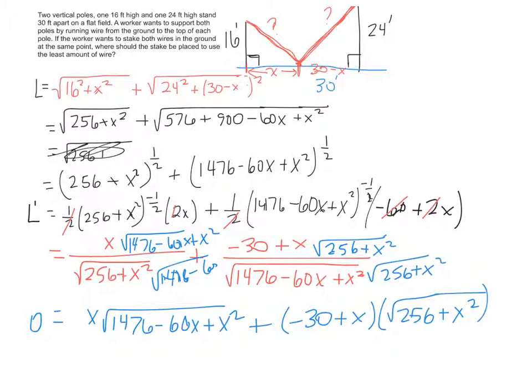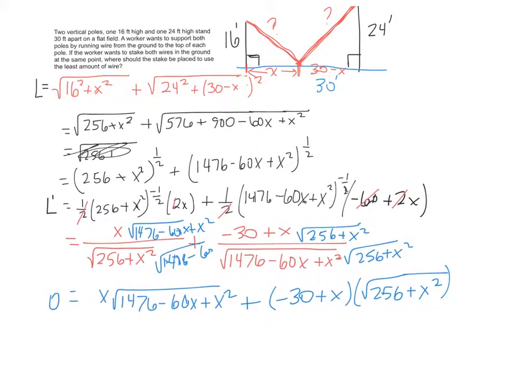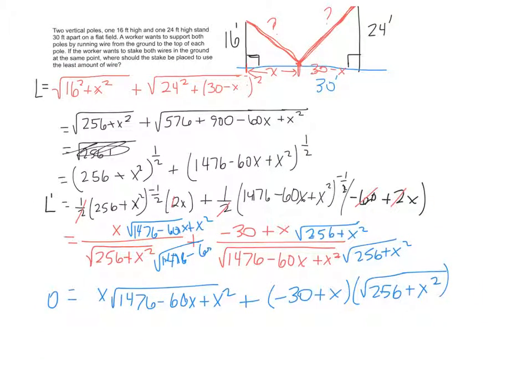And this is one where I would put this expression into a graphing calculator and then use it to calculate your 0. Just be careful on your parentheses and such.